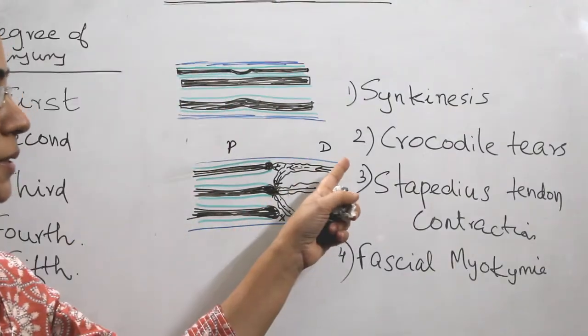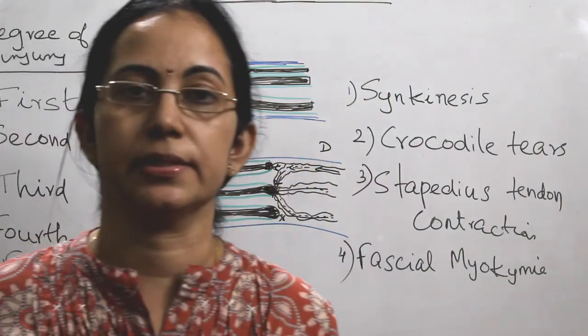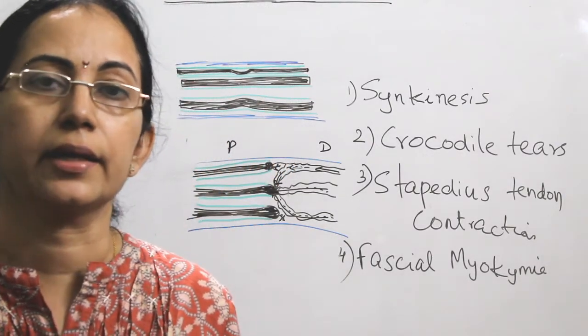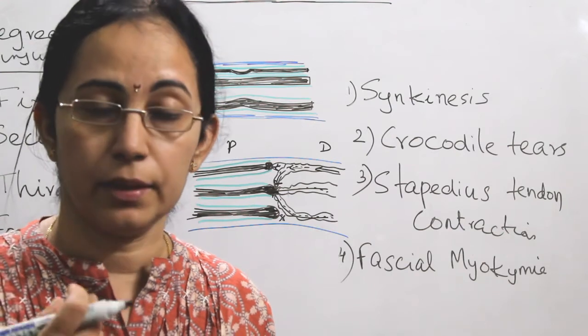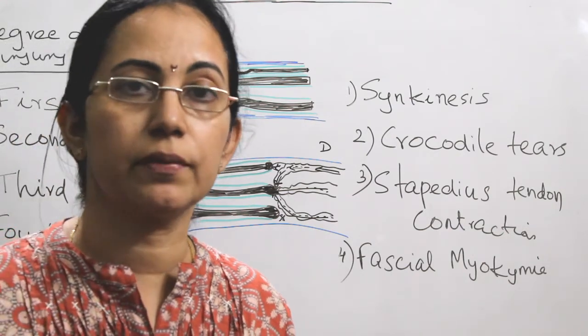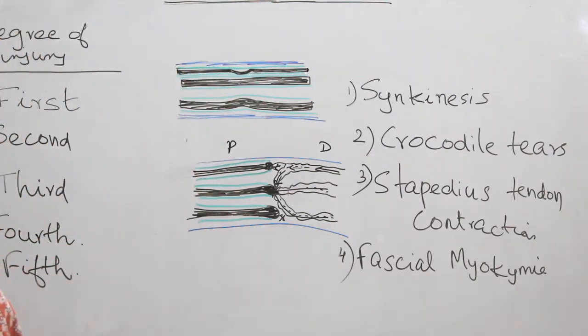And second is crocodile tears. What is crocodile tears? That is unilateral lacrimation of the affected side associated with eating. So what will be the cause of that?